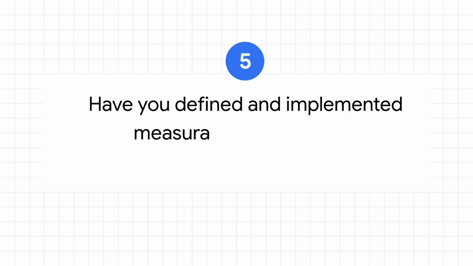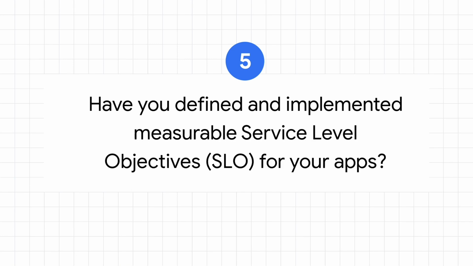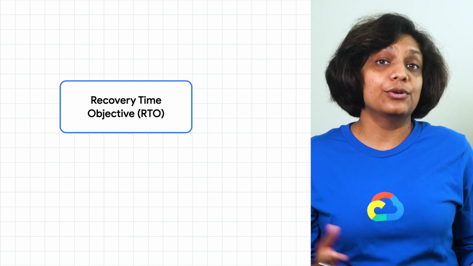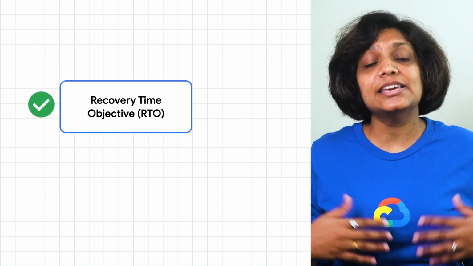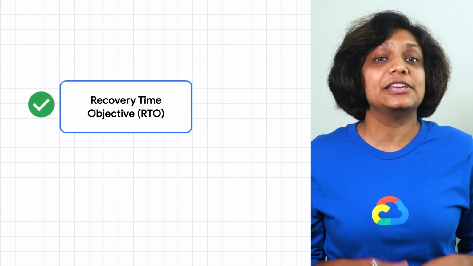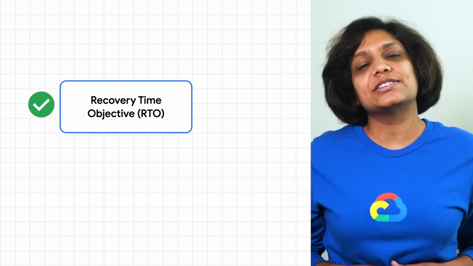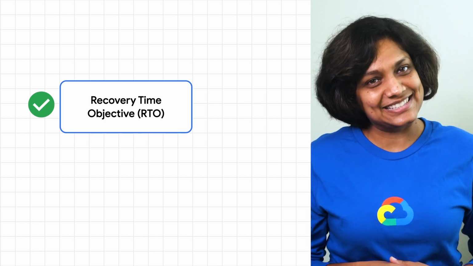Question number 5. Have you defined and implemented measurable service level objectives or SLOs for your apps? It's crucial to define RTO and RPO for business continuity. RTO, or recovery time objective, is the amount of time an application can be unavailable without causing significant damage to your business.